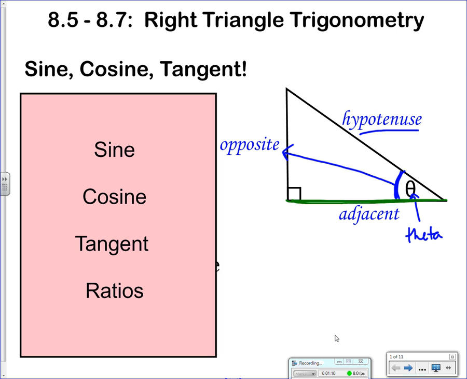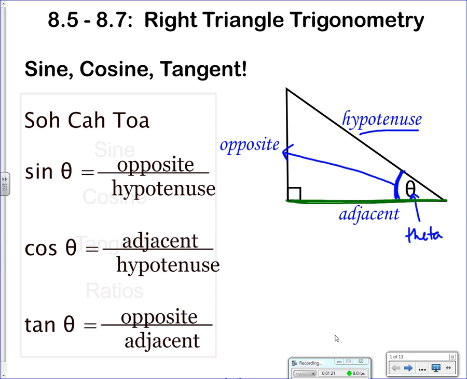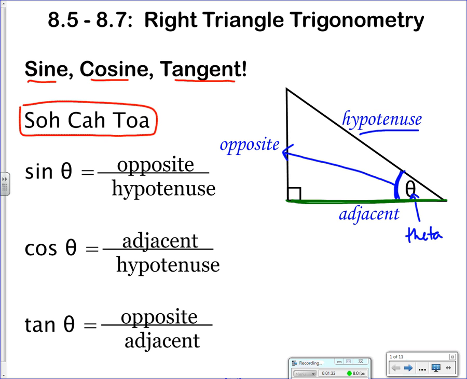So when we're talking about the sine, cosine, and tangent ratios, it involves the opposite, the adjacent, and the hypotenuse. These are the long form words for sine, cosine, and tangent, and there's an abbreviation. I'll talk about what this abbreviation means in a minute.